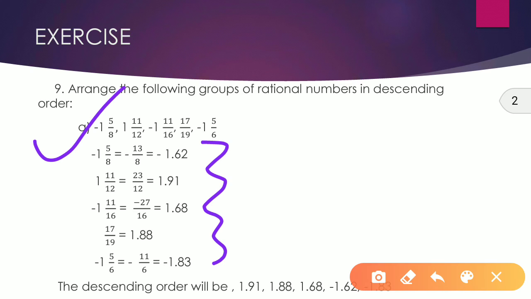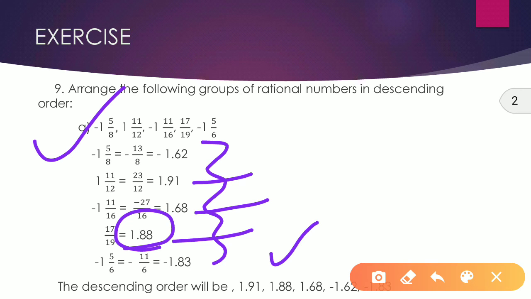Here the positive numbers are 1.91, 1.68 and 1.88. Which number has the greater value? 1.91 is the greater value, so first you write 1.91. After 1.91, which one is greater? 1.88 is greater, so in the second place we write 1.88. After that 1.68 remains, so in the third place you write 1.68.